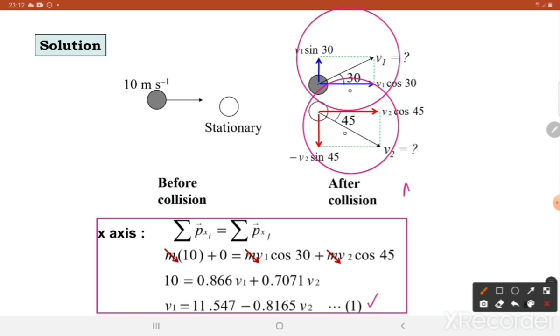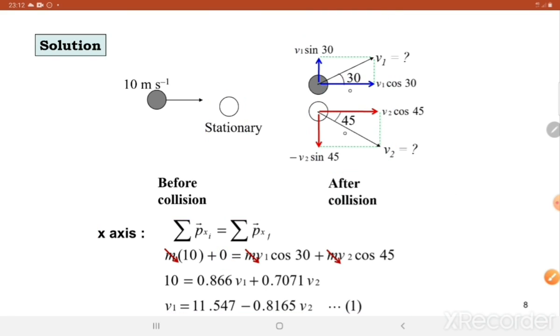So m1 is equal to m2, which is equal to m, so we can cancel out the symbol m. This one is equal to 0 because the second ball is stationary. So there is no momentum for the second ball because the velocity of the second ball is equal to 0.